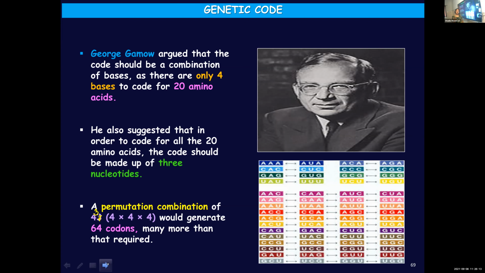I'm repeating again, we have only 4 bases, and each code needs only 3 nitrogen bases. When you rearrange, you can see combinations like ACA, CCC, CG. So the maximum possible combinations available are 64, and that is more than enough for coding for 20 amino acids.